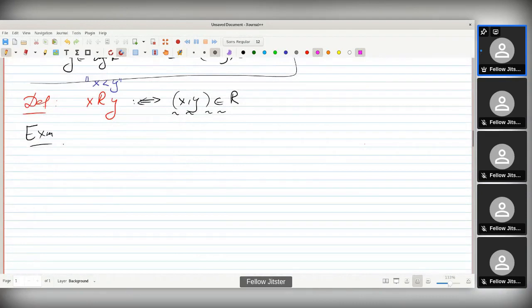But before that, let us introduce some more useful concepts. I will give an informal definition for the so-called diagram of a binary relation.